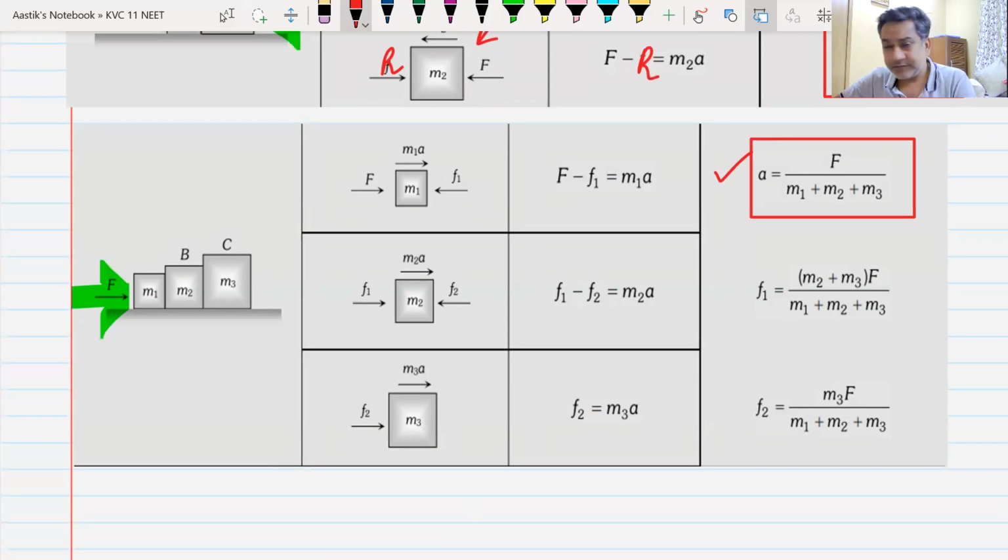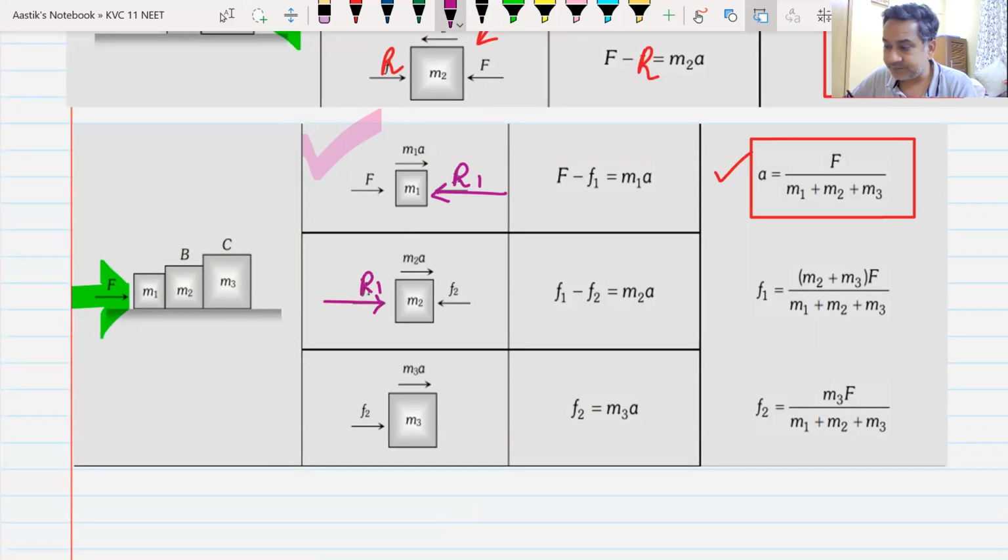Now, if you see the free body diagrams of block A, let me explain. There is a force coming from backwards. This is reaction R1. This is applied by block 2. The same reaction will be applied by block 1.